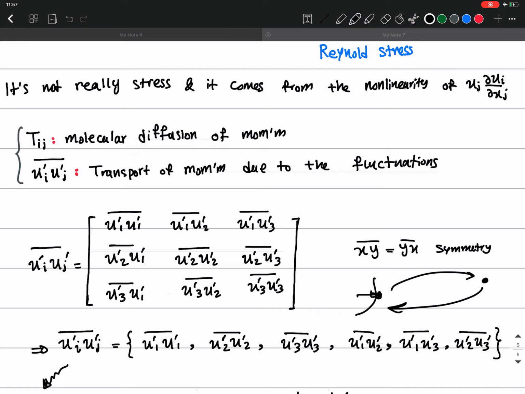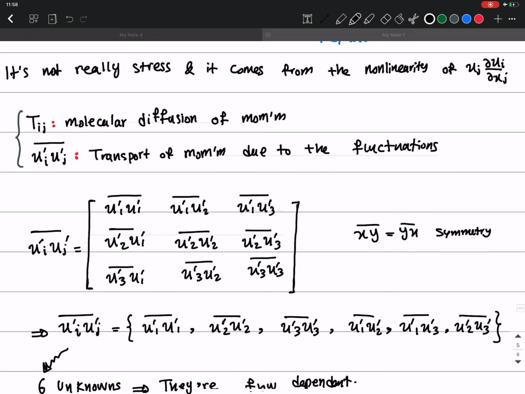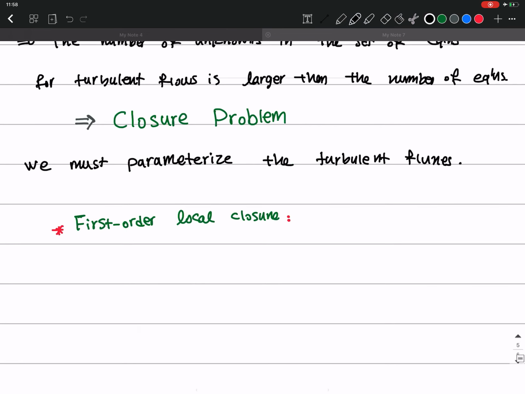The local one is where you just look at the flow around it to approximate these Reynolds stresses, okay? So the first parameterization that I'm going to introduce is a first order closure. Again, you can have higher order closures, but the simple one is the first order.